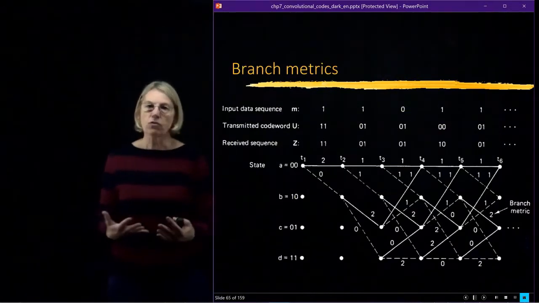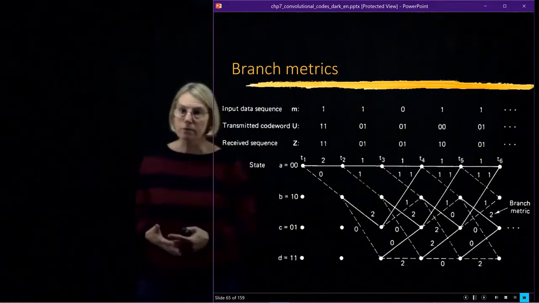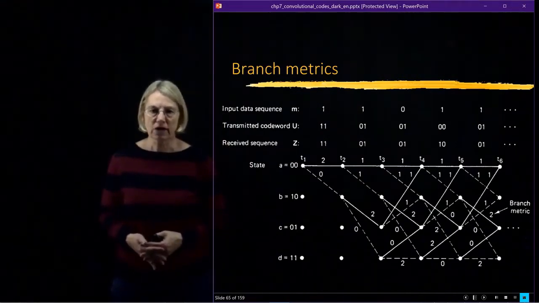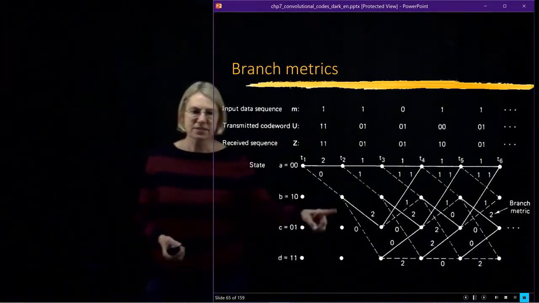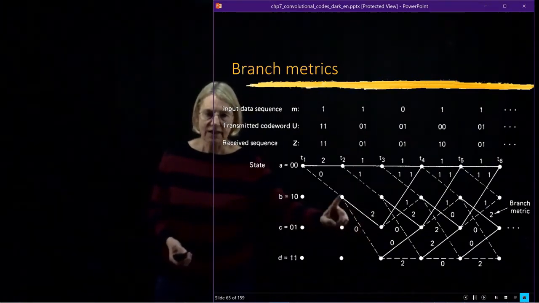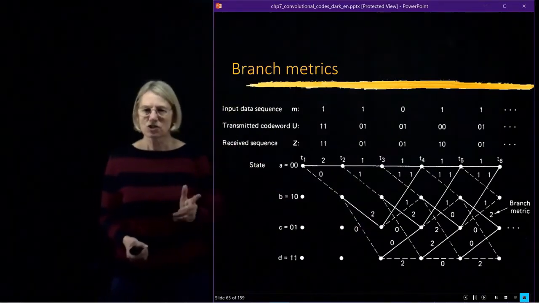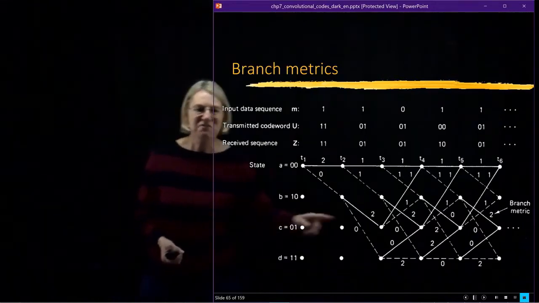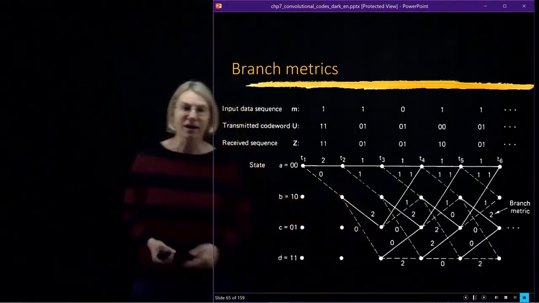So let's see how the decoder operates. What are the operations it performs in order to do the decoding? It will determine what are called branch metrics. This is a branch: I go from B to C, this transition, and that branch is going to have associated with it a certain feeling, let's just call it that, for how likely an error was to have occurred here or not.